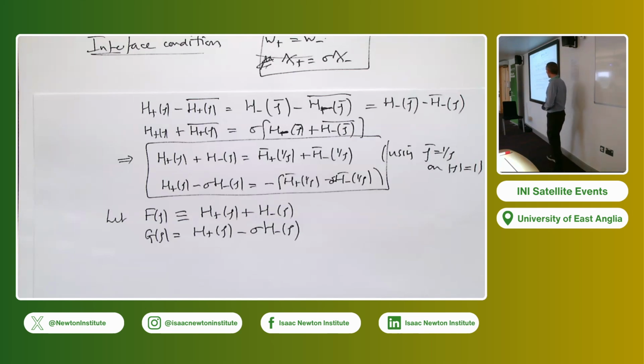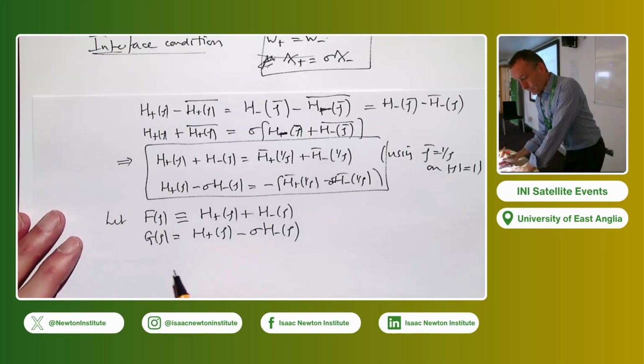Remembering that I'm on the unit circle. Well, 1 over zeta is just zeta bar. So that's h plus of zeta, h plus bar of zeta bar. This is plus h minus bar of zeta bar. Isn't that just the complex conjugate of that? And then this is g. And on the unit circle, this is just minus the complex conjugate. So the interface conditions tell me what?